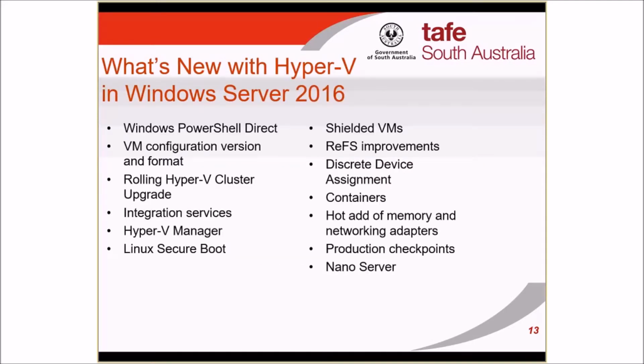What's new in Hyper-V 2016 as opposed to some of the previous ones? So some of you guys might have experience in Hyper-V from elsewhere, but here are some differences. There's what's called Windows PowerShell Direct. So hopefully you guys are aware that PowerShell is a scripting command line language. We enter commands at a PowerShell prompt and we get actions, right?